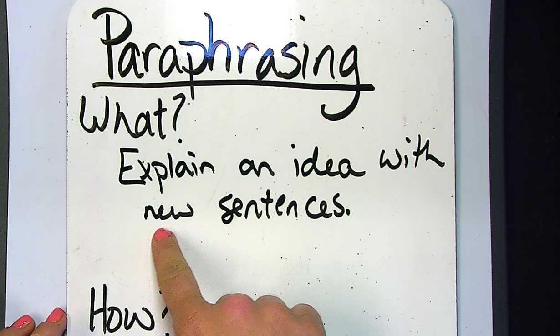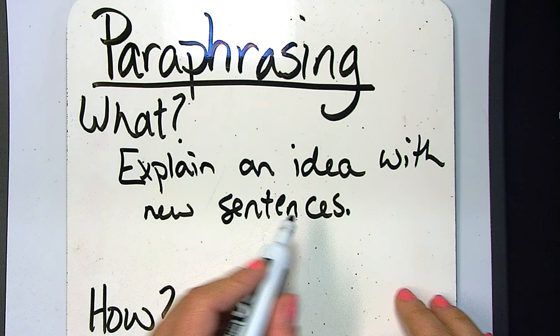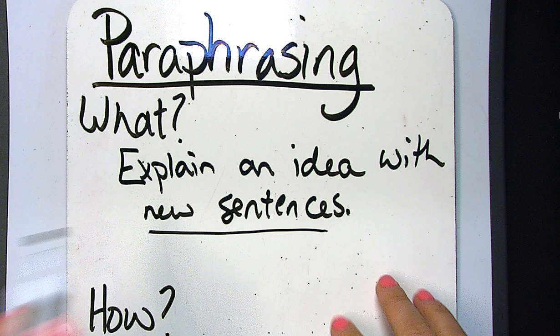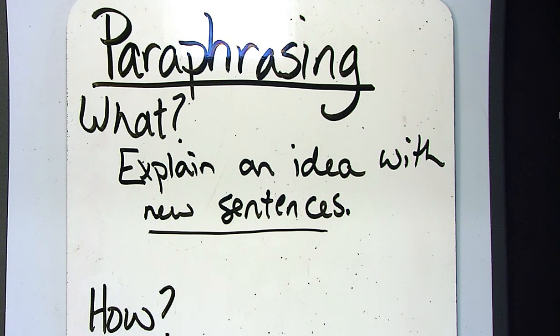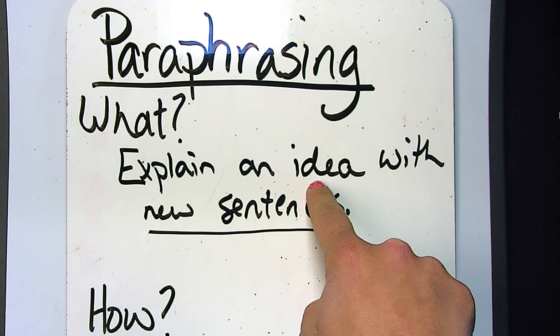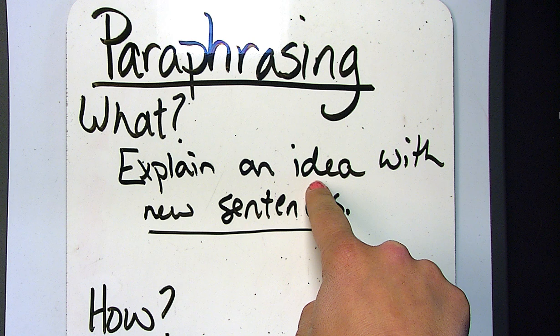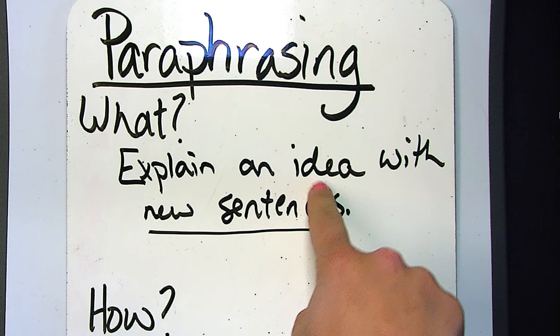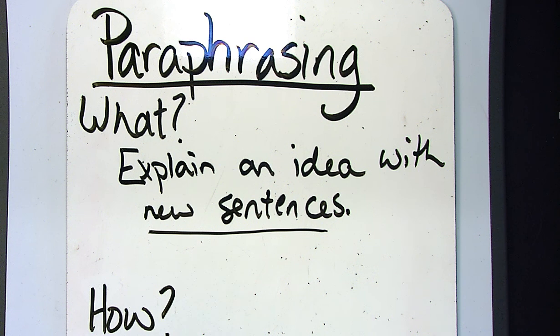I like to say in new sentences because it's not just about changing the words, as we will see in just a minute. So it's when you have an idea that you learned about from someone and you want to explain that idea. But you need to use your own words. You need to use new sentences to explain it.